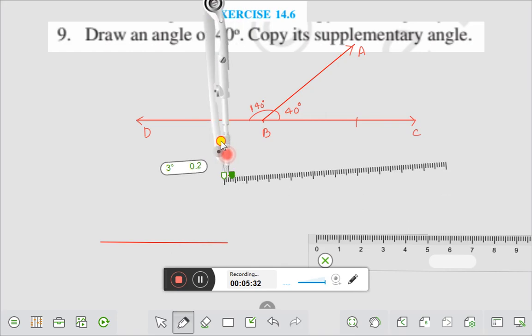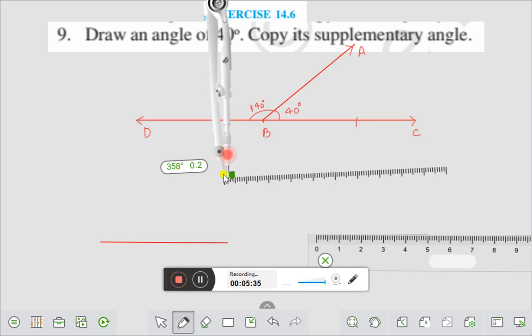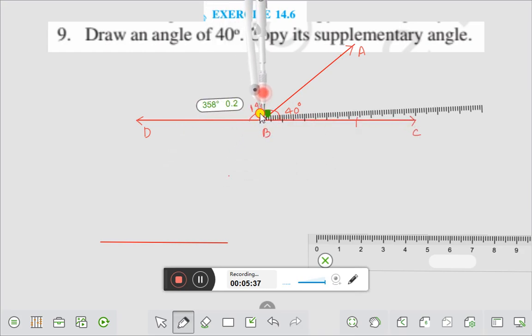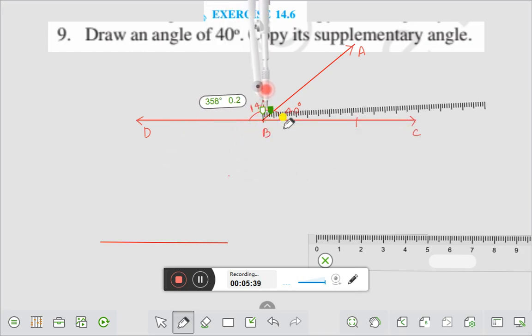Putting the pointer here, put this pointer at point B, right? Now increase the length of the arc. This is the length of the arc, right?